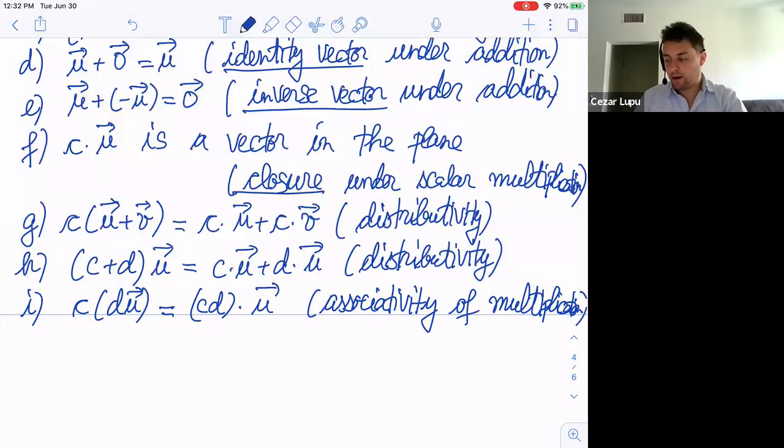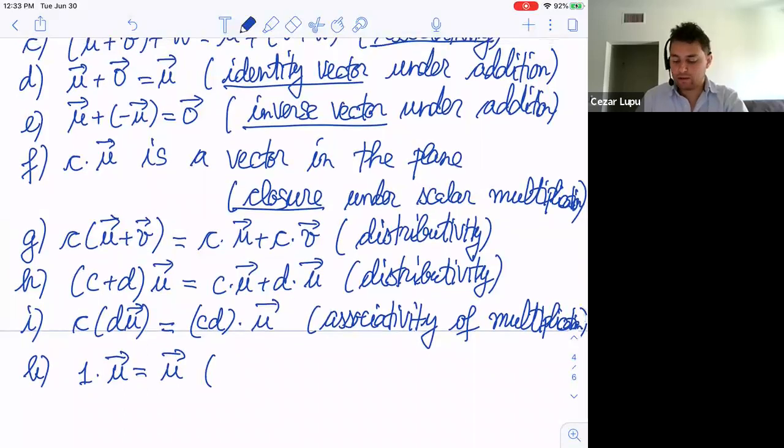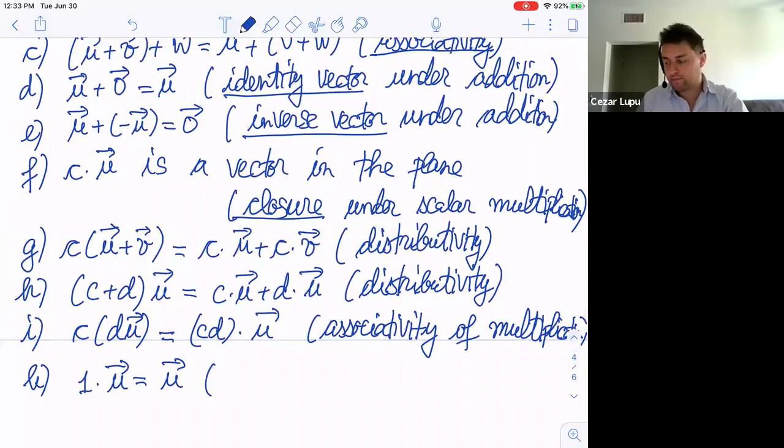And finally, the last one: if I'm multiplying the scalar 1 by the vector u, it will be nothing else than just the vector u. We have seen the identity vector, so this is what we call the multiplicative identity.